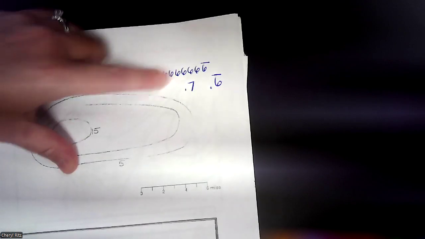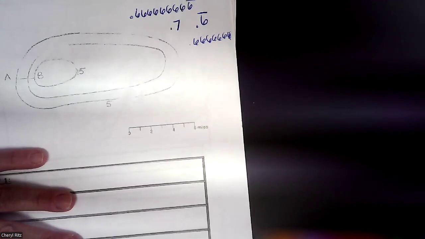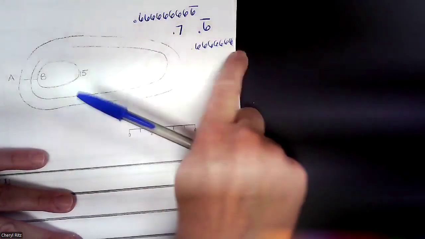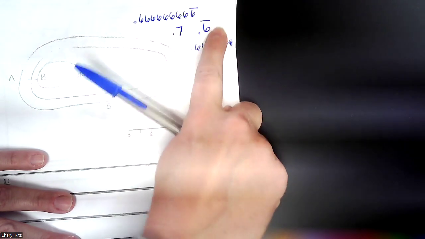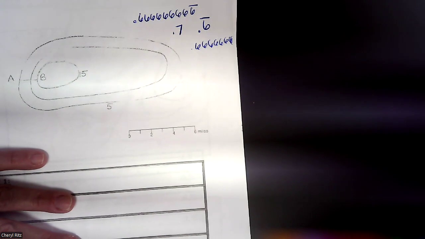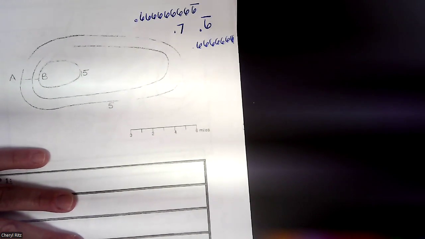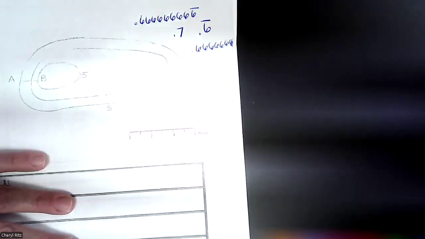It's telling you it's doing this forever and ever and ever. So if you write that little line, you're telling me this. So this is not rounded. No little lines will ever pop up on an earth science test because they're always going to tell you to round something. So they will never have the little line. That implies it goes on forever. It's literally not rounded.